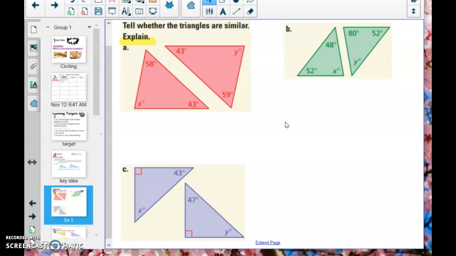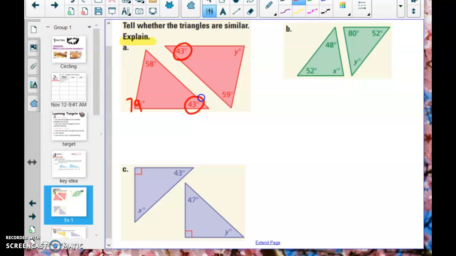So I see in this shape that, of course, the 43-degree angles are going to match up. Unfortunately, I don't see another one that could match up, so I'm going to have to solve for the missing angle by using what I know about triangles. So 180 minus 58 minus 43 means that this angle here has to be 79 degrees.